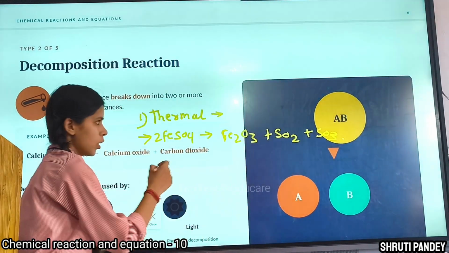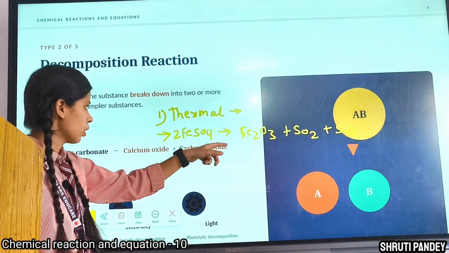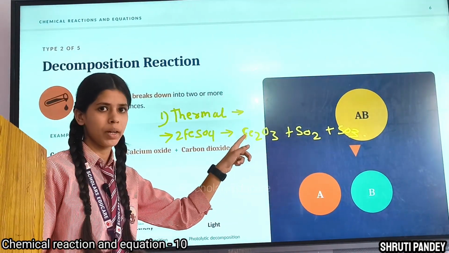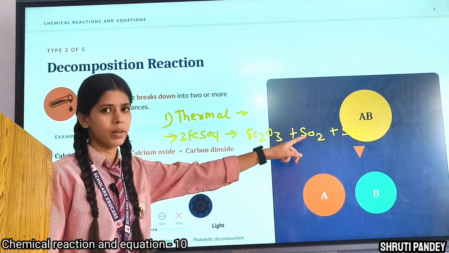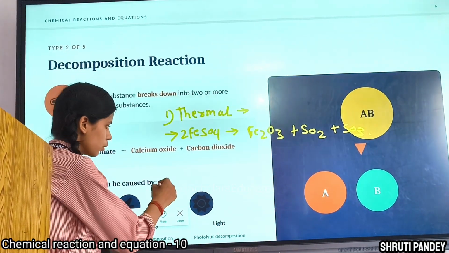So in this reaction, heat is being absorbed to decompose ferrous sulfate into ferric oxide, sulfur dioxide and sulfur trioxide. So this is the example of thermal decomposition.